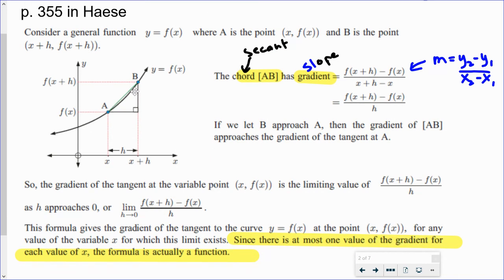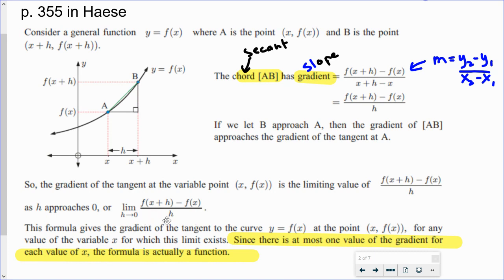Now, if we want to find the slope of the tangent at point A, what we want to do is shrink this distance between x and x plus h. We want to make h very small. So instead, we could plug in a bunch of different values for h that got smaller and smaller, as we did in class, 0.1, 0.01, 0.001, or we could just do what a limit says and apply the limit as h approaches 0, which means to imagine that h is going so small that it might as well be 0.